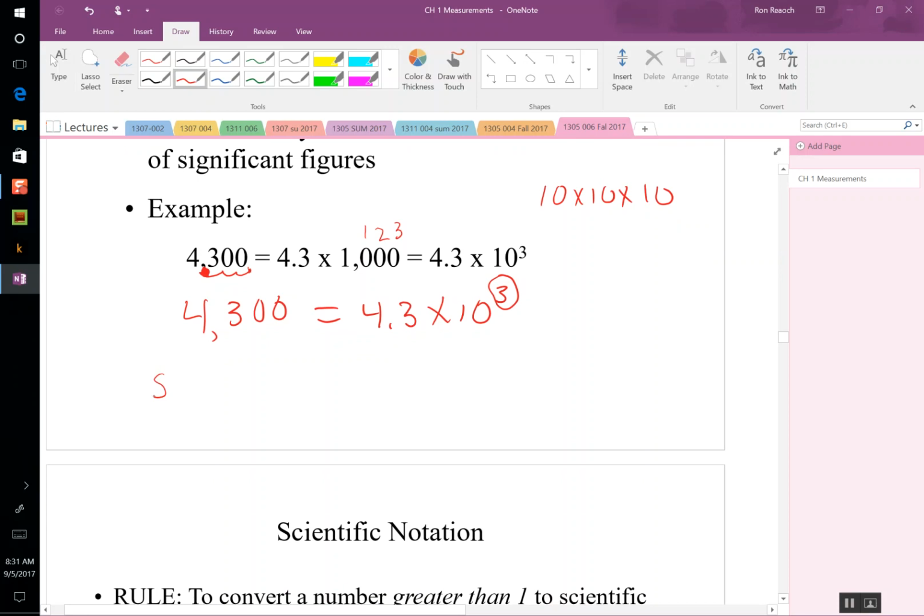So if we had 57,000, now there's no decimal point there, but the decimal point is assumed here. So we're going to move it 1, 2, 3, 4 places.